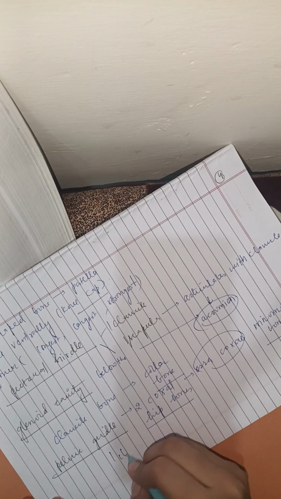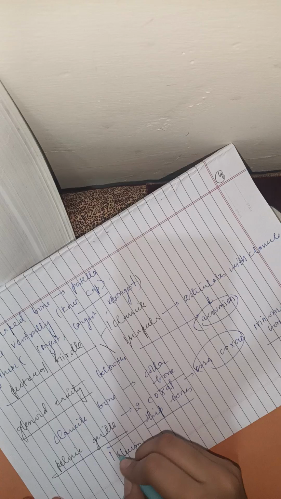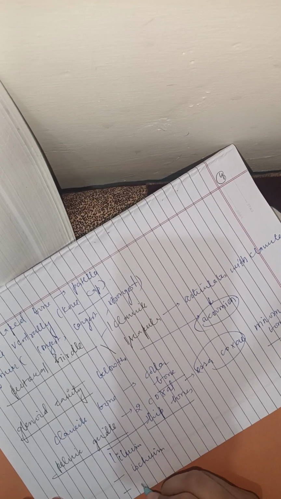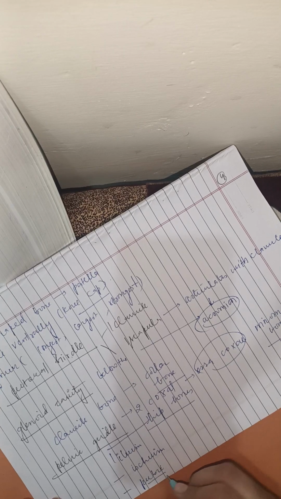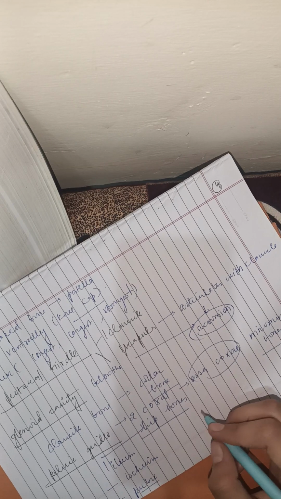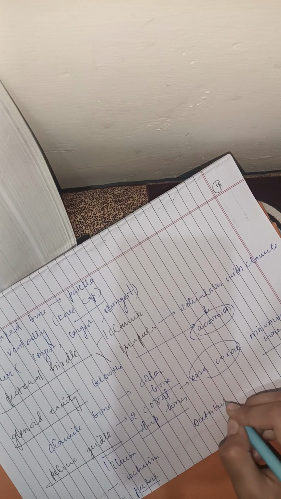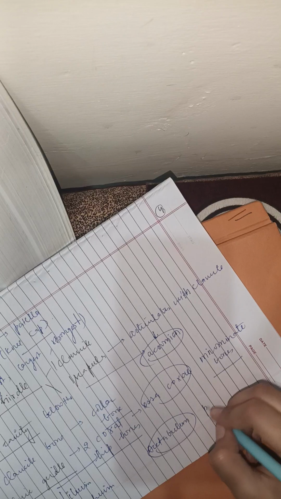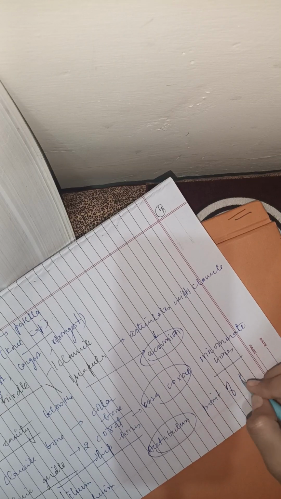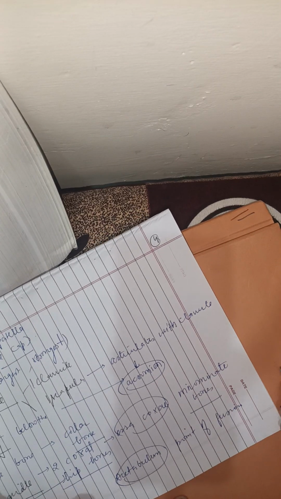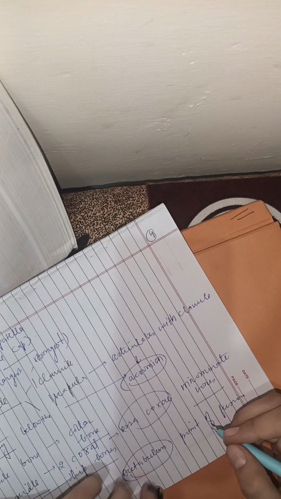Each coxal bone is formed by the fusion of three bones: ilium, ischium, and the pubis. At the point of the fusion of these bones is the cavity called the acetabulum. The two halves of the pelvic girdle meet ventrally to form the pubic symphysis containing fibrous cartilage.